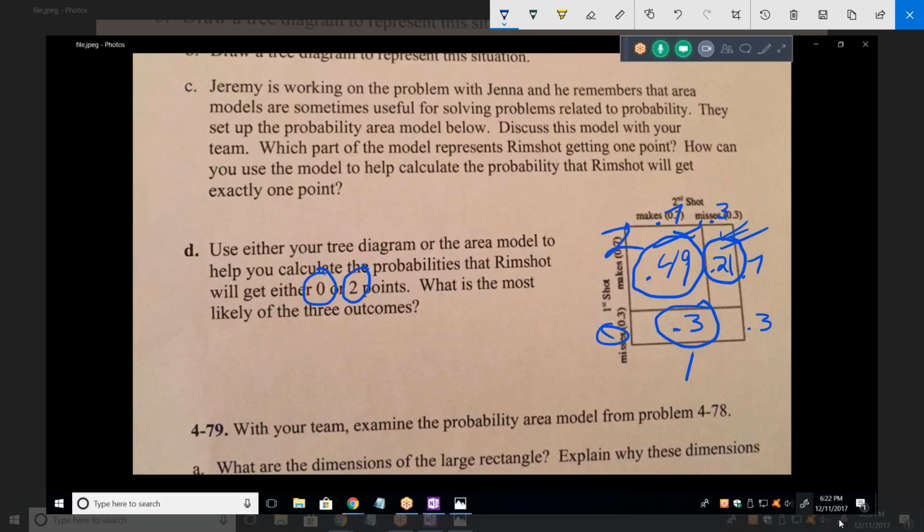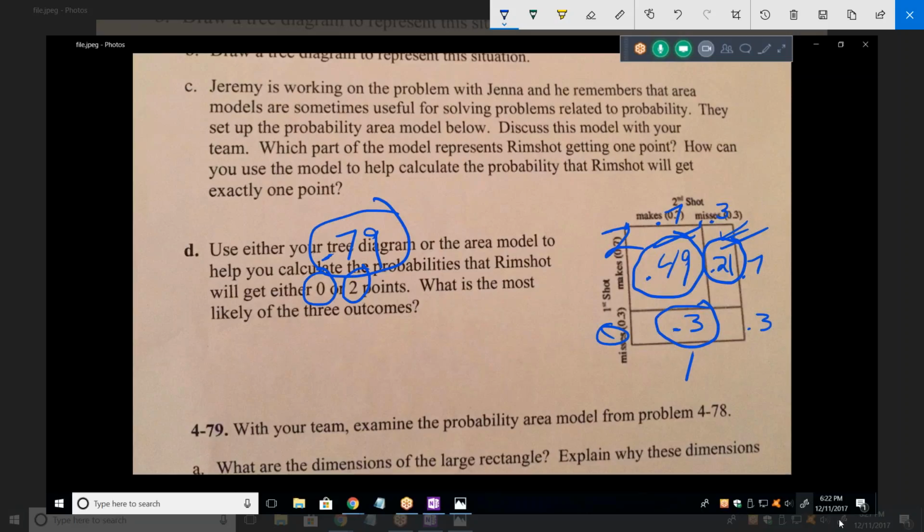Let's eliminate percent. We've converted it to decimals. Let's stay in decimals. 0.49 plus 0.3 is 0.79. In other words, the odds that she makes either 2 points or 0 points is 0.49 plus 0.3. So that's the answer to making either 0 or 2 points.